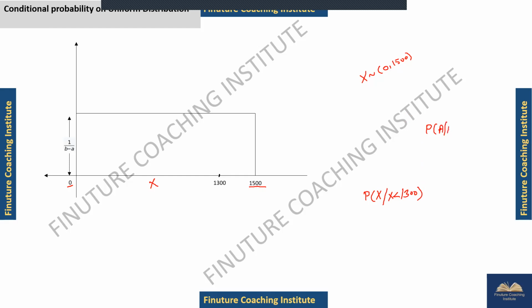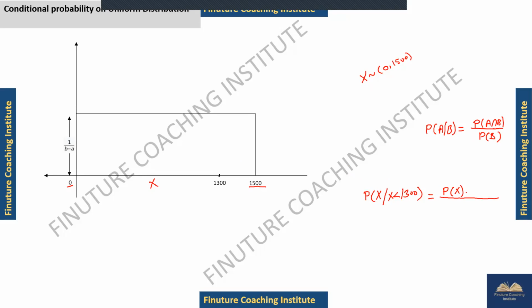If we talk about the probability of A given B, it is the probability of A and B divided by the probability of B. The same we will apply, and relating this question to this formula is where the key of this question lies. Say A is just the probability of X in this complete interval.